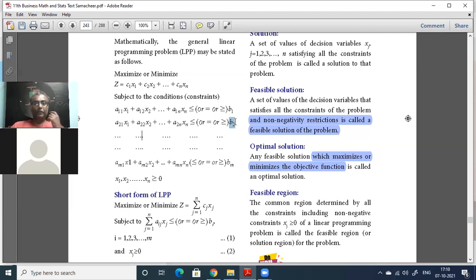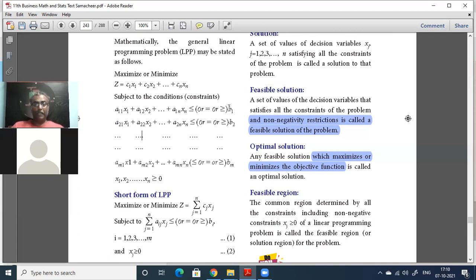Car company 2 is telling, I need the 4 types of tires, so X3, X4, X5, all that will also come in. So different kinds of conditions, 4 car manufacturers, each of them giving different conditions.